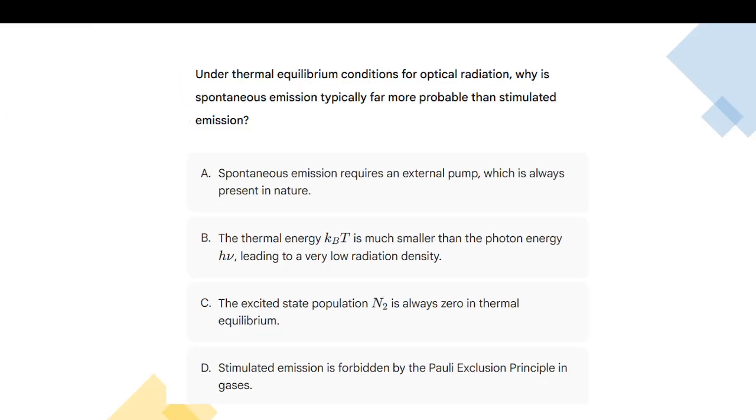Now talking about the thermal equilibrium condition for optical radiation, why is spontaneous emission typically far more probable than stimulated emission?